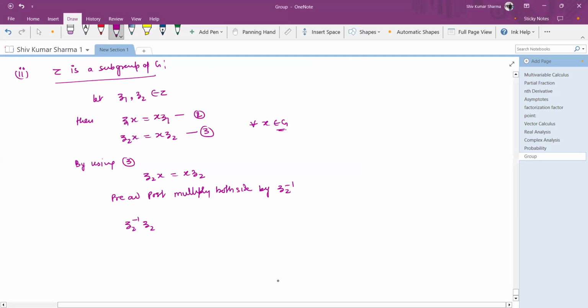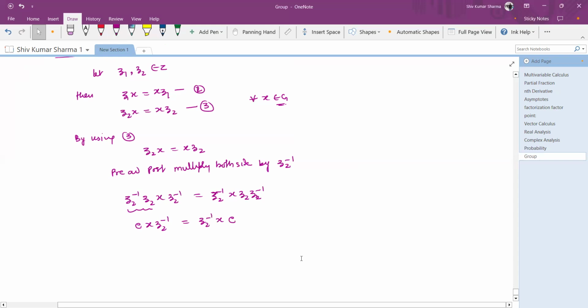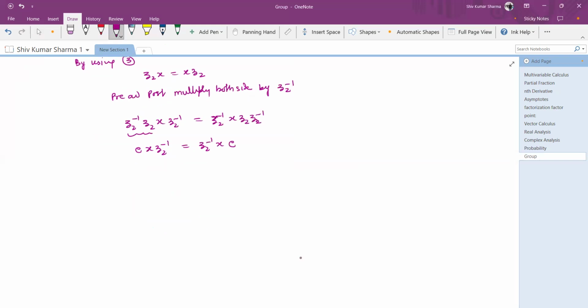So we write z2 inverse into z2 x into z2 inverse equal to z2 inverse into x into z2 into z2 inverse. So z2 inverse into z2 is the identity e, x into z2 inverse is equal to z2 inverse into x, and this also gives us identity. So identity e x equal to x e, which can be written as x.